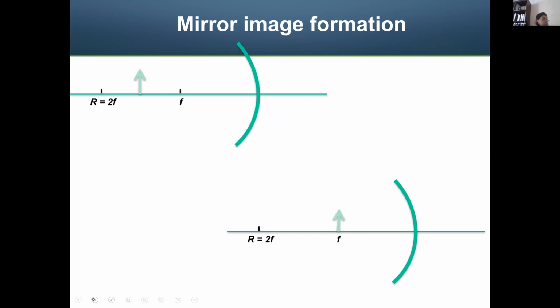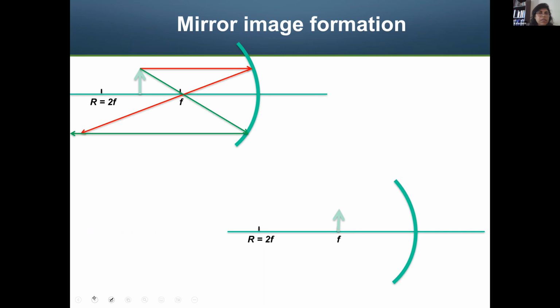Now I have the object in between C and F. This is what I tried to draw earlier by hand, but because drawing on the screen is not easy, we did not get the exact position. Now in this case, take a look: the parallel ray goes through F, and the next one goes through your F and becomes parallel to the axis. Then you see the image location somewhere here. Again inverted, but larger in size.